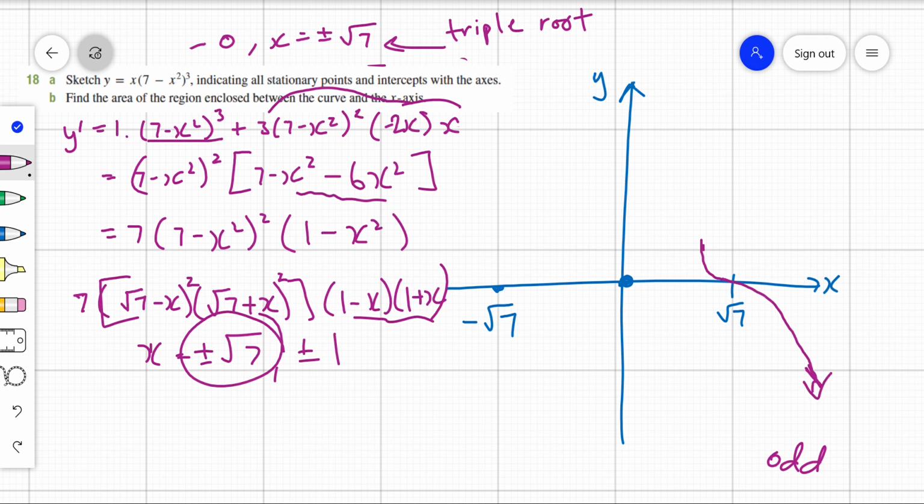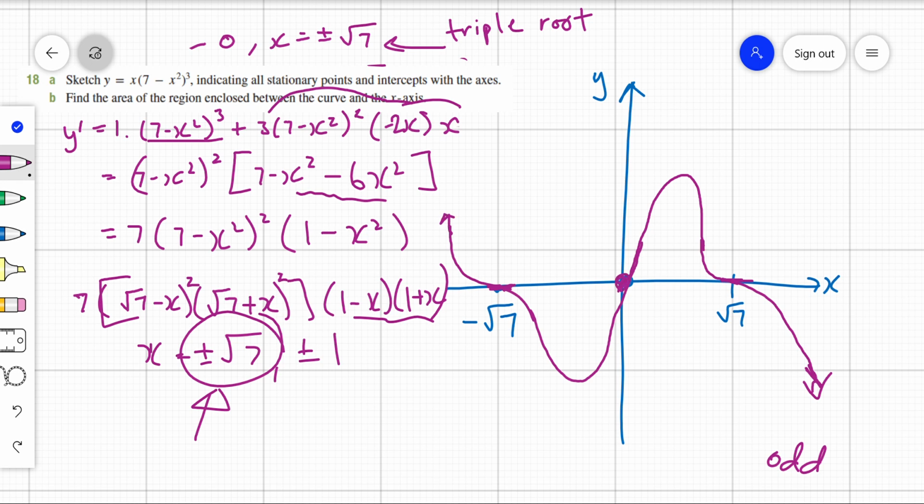So we also know that y dash at this point is 0, so this is a horizontal point of inflection here. The same thing will happen here. We'll get a horizontal point of inflection. Okay, and I have trouble drawing these. Okay, and so horizontal point of inflection there, but 0 is a single root, so it must come up and back down to get to 0, and we know it's an odd function, so down and back up there.